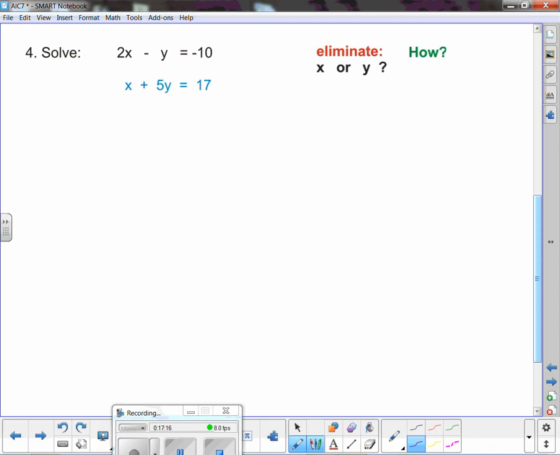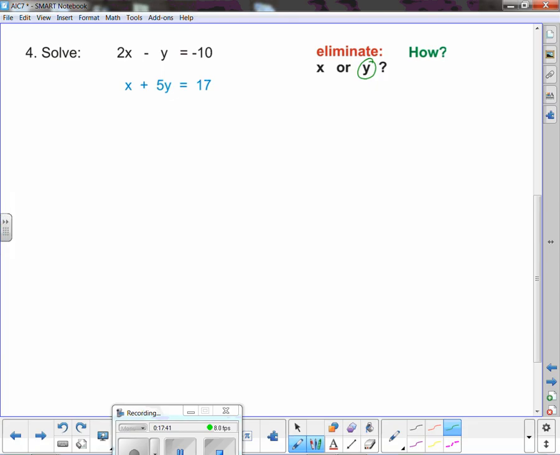All right, so take a look at it. What would you choose to eliminate, the x's or the y's? They're pretty similar. You know, you got a 2x and an x, you got a negative y and a positive 5y. Go with me on this one, I'm going to choose to eliminate the y's.